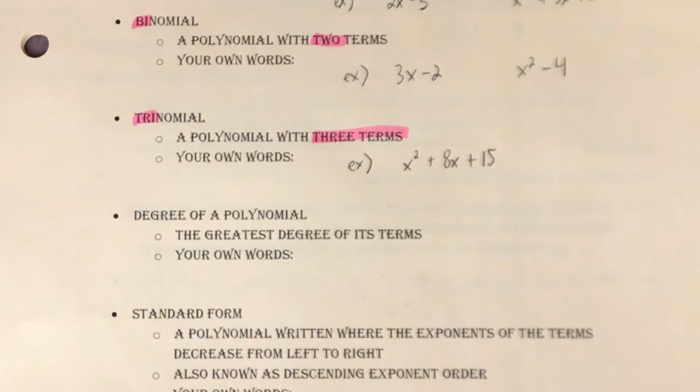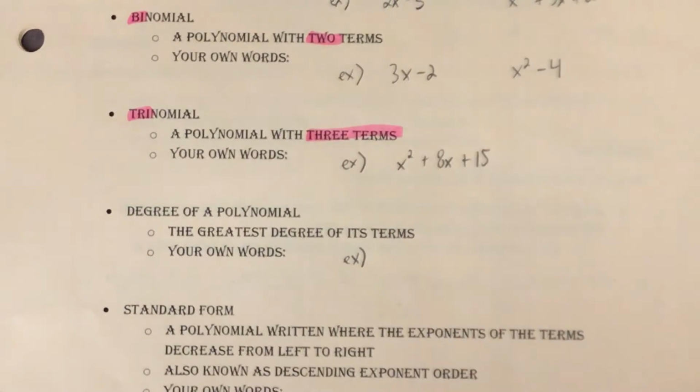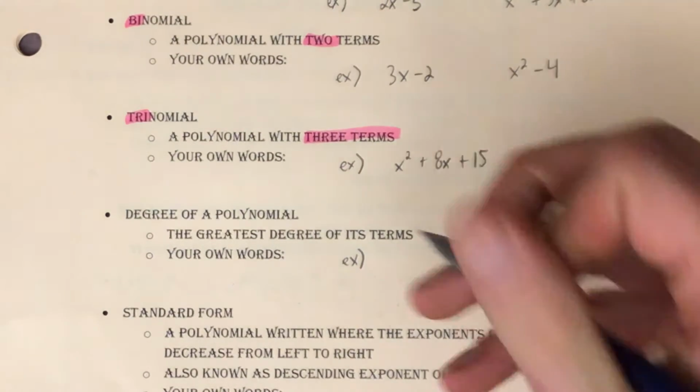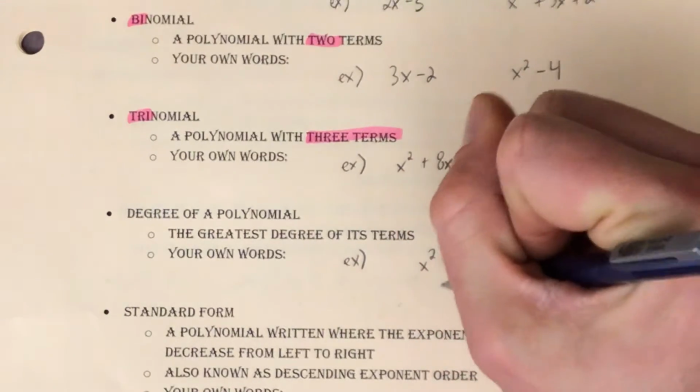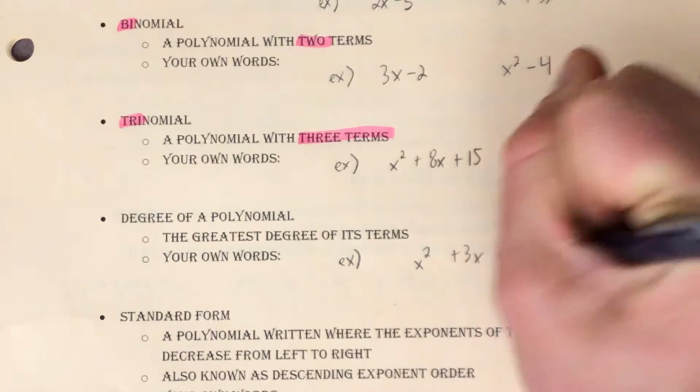Now, when it comes to determining the degree of a polynomial, we look at the greatest degree of its terms. So what we mean by that is, much like with monomial, we're looking at what is the biggest exponent that we have. So the greatest degree of its terms. An example, just to line that out a little easier, might be x squared plus 3x plus 2.